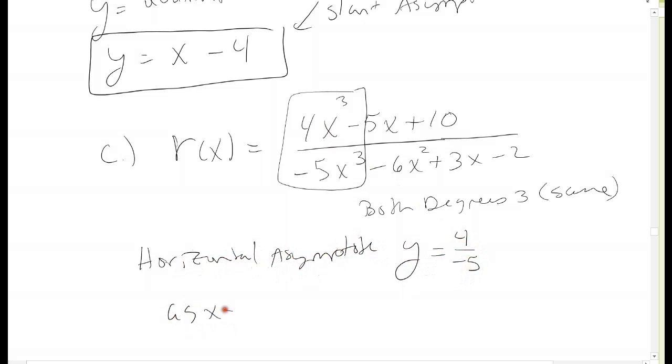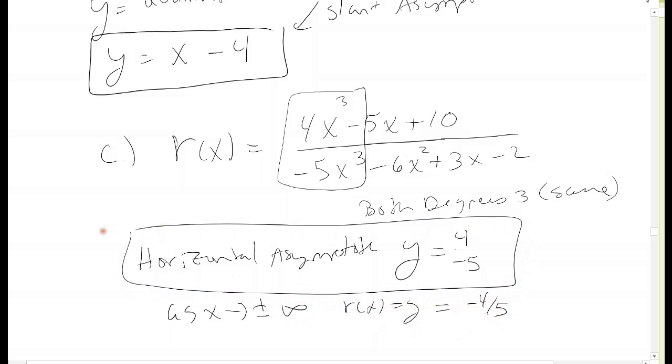And so as x is shooting off to positive and negative infinity, my y values approach -4/5. And so if you graphed it, on the tails of my graph, and if you looked at the table, it would approach -4/5, both going off to infinity and going off to negative infinity. That's the last case. There's an example of each case.